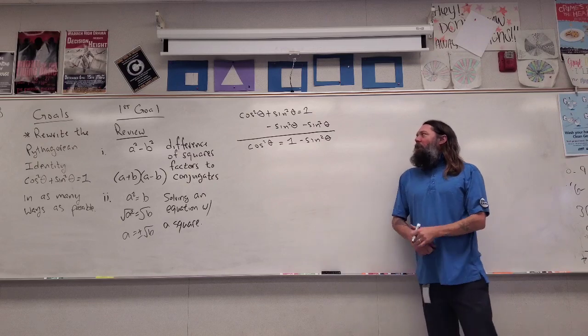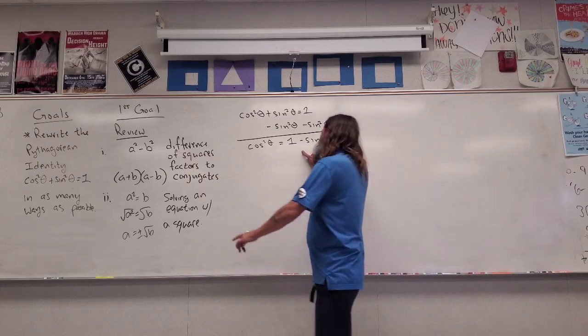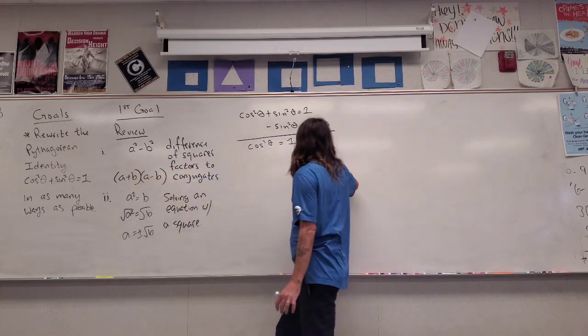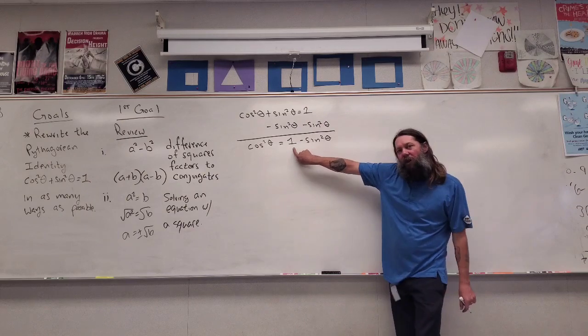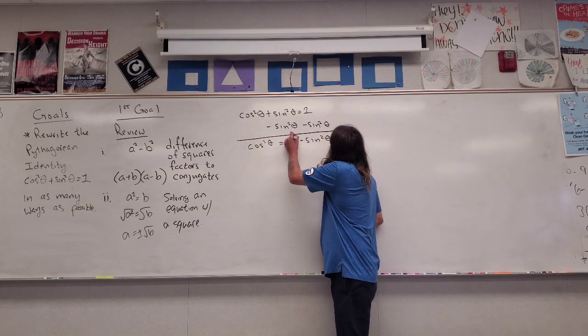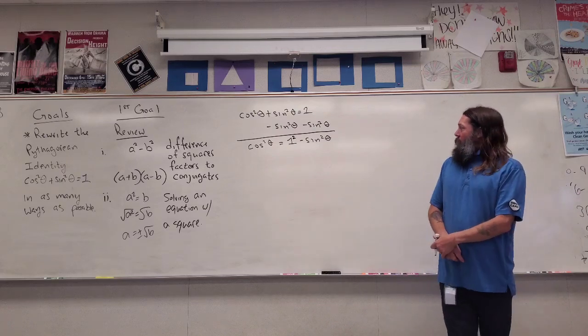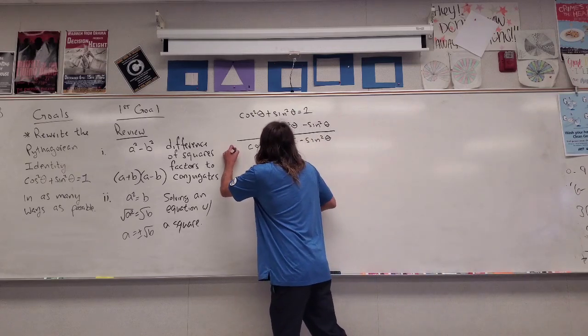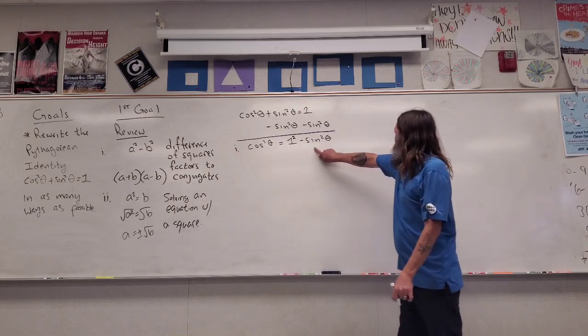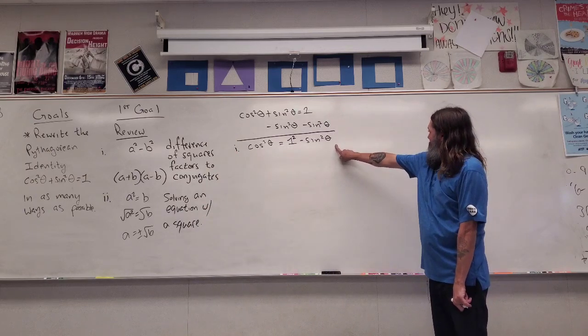Now this might not look like a difference of squares, but it is, because 1 is the same as 1 squared. So this is one way that I can rewrite my Pythagorean identity.